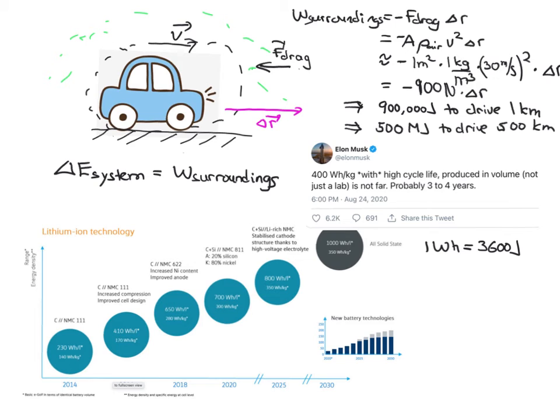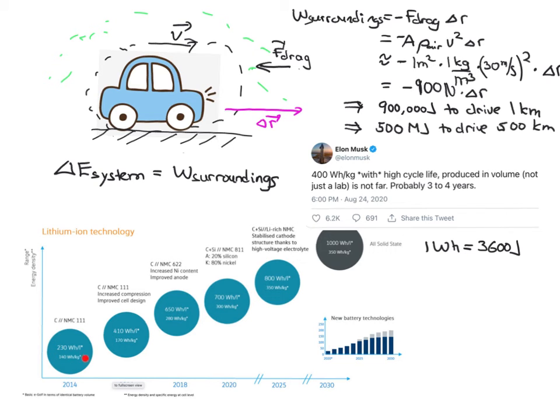And as you can see, people like Elon Musk, who obviously is extremely focused on building batteries to run electric cars, because that's at the core of Tesla's business, he's tweeting about the progress of this energy density as battery technology is improved, and it's really quite remarkable.